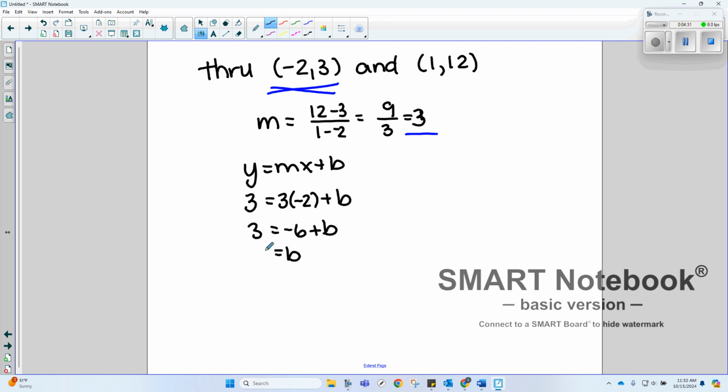If I solve for b, I find out b equals 9. And so I can put the pieces together and say y equals mx plus b. y equals 3x plus 9. If I know 2 points on the line, I have to find the slope myself. But once I know the slope, I can use one of the points and then go from there.